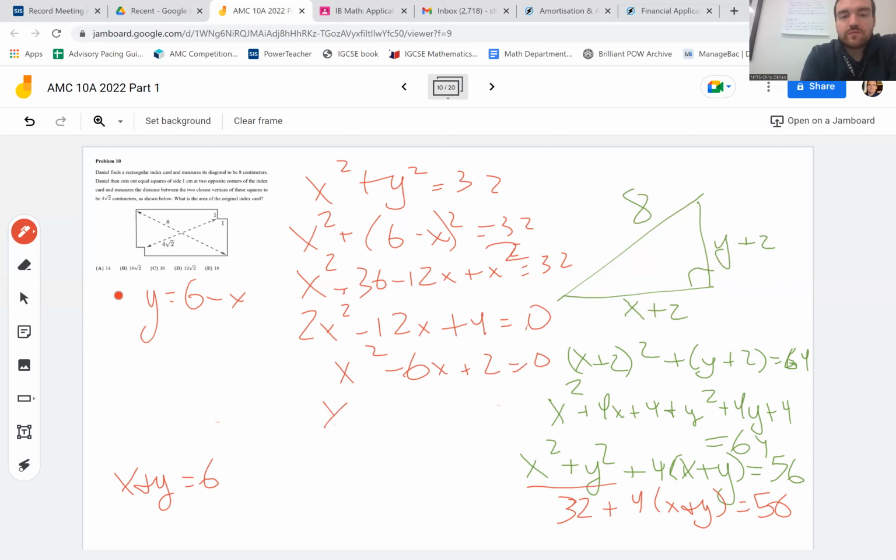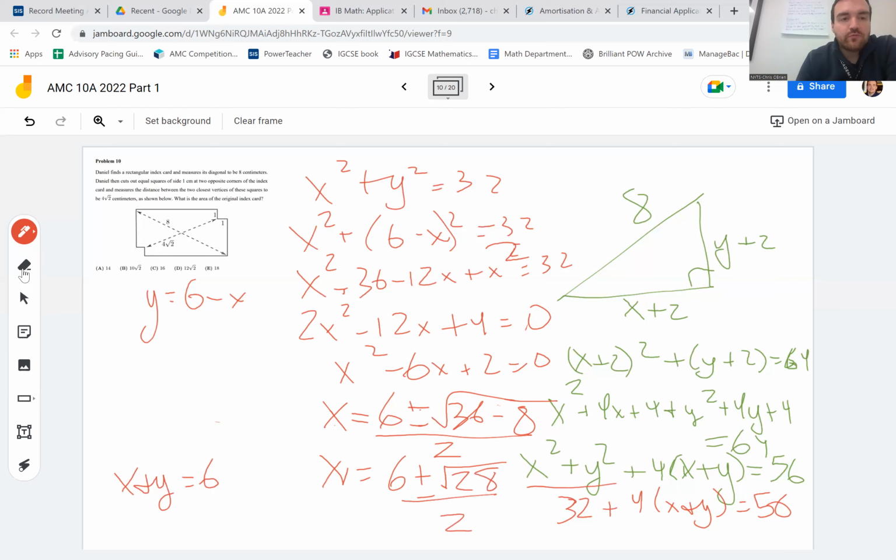I can then use the quadratic formula: X equals 6 plus or minus the square root of b squared minus 4ac, all over 2, which is X equals 6 plus or minus square root 28, divided by 2. It's just a lot of work, basically.